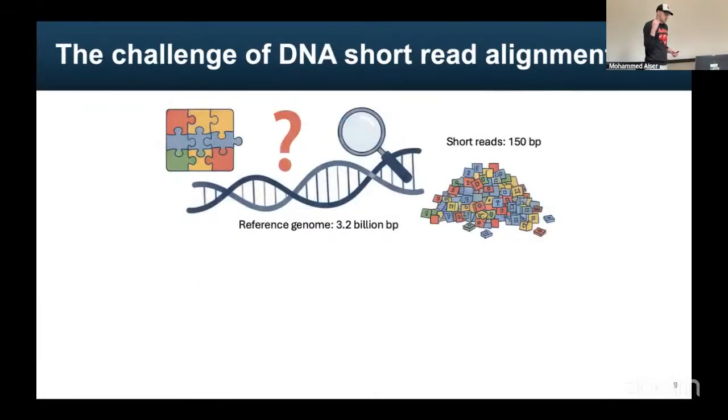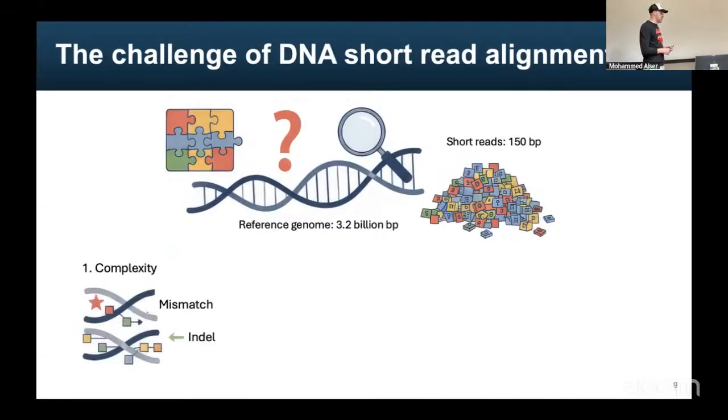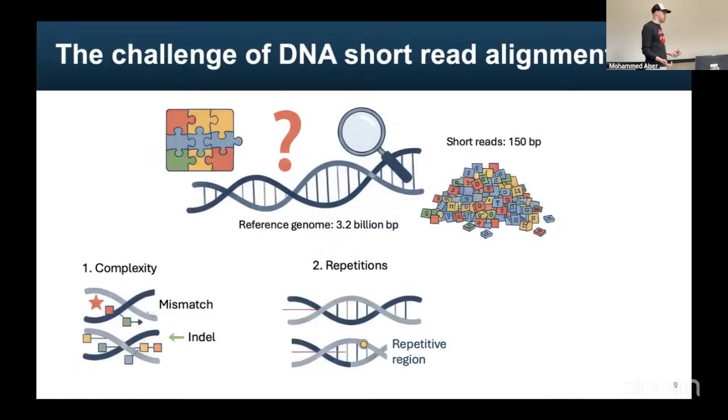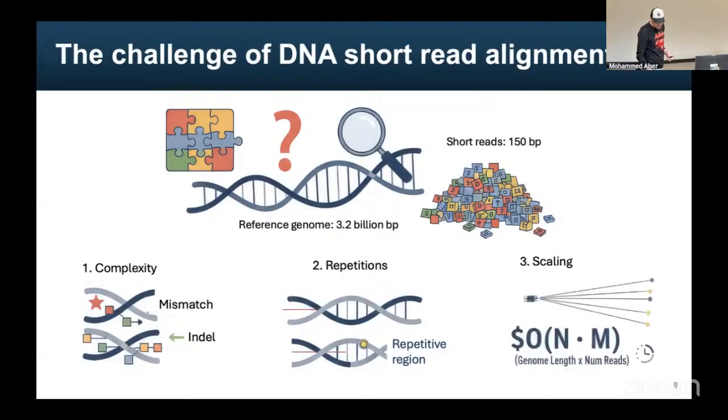So read alignment is a very challenging problem because there are some complexity regions in the genome. Also, there are some repetitive regions in the genome. So sometimes we have a read, and we don't know which repetitive region this read came from. And the entire thing becomes even more costly as the genome length goes up and the number of reads goes up.